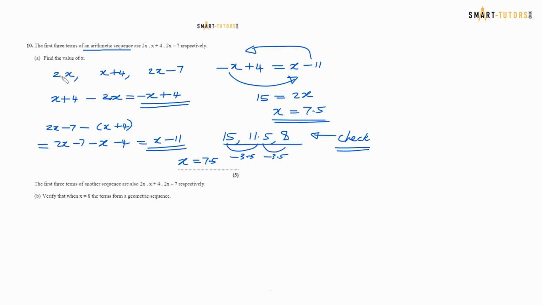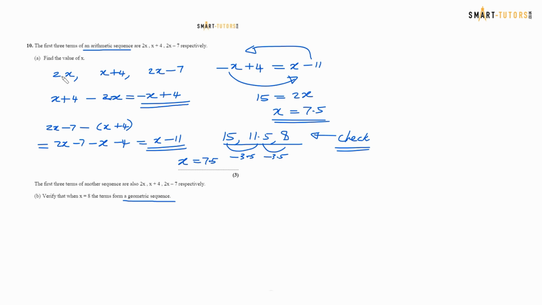The next part: the first three terms of another sequence are also 2x, x plus 4, 2x minus 7 respectively. Verify that when x equals 8, the terms form a geometric sequence. So we know the definition of a geometric sequence.